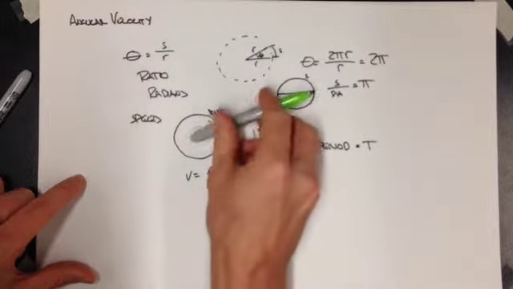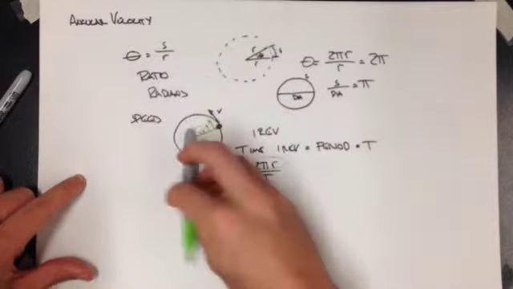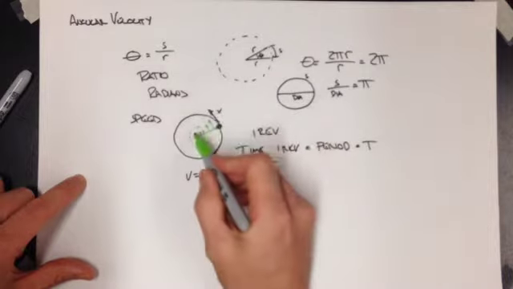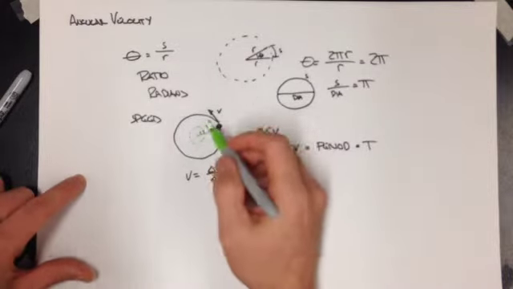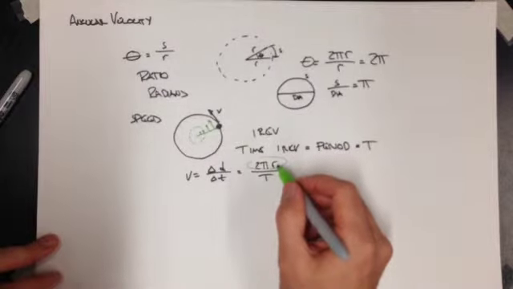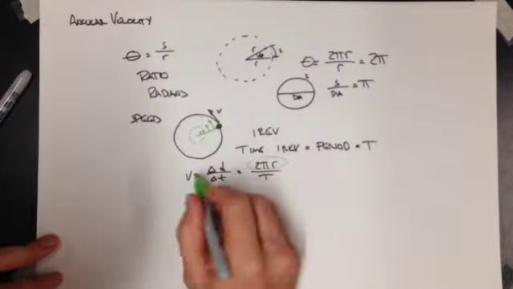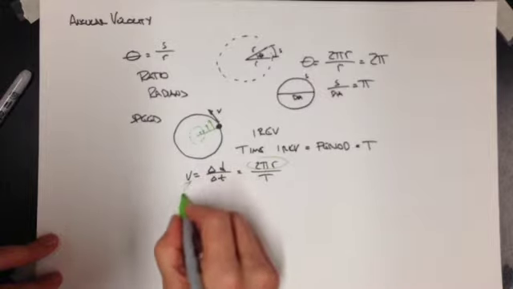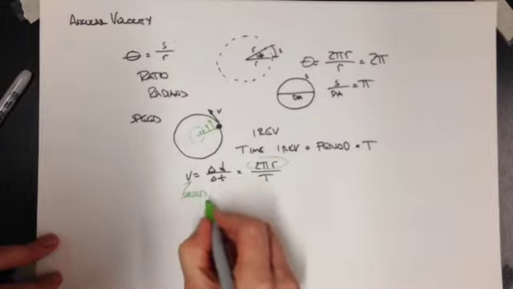So that takes one revolution, one period. Everything along this line, along this radius, is going to have the same period. But because they are traveling different distances based on the radius, they're going to have different speeds. So what we're looking at here is a speed.